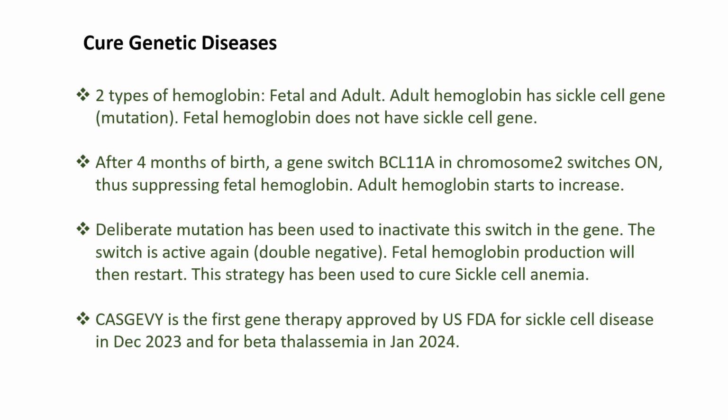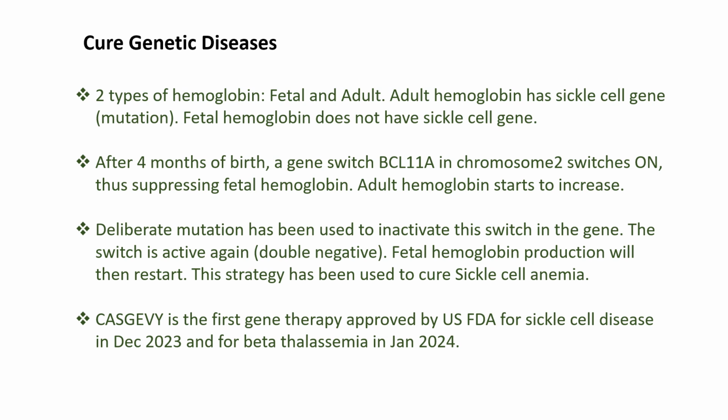There are two types of hemoglobin, fetal and adult. Only adult hemoglobin can have the sickle cell gene. Up to 4 months after birth, our hemoglobin is fetal type. Then, a gene switch in chromosome 2 called BCL11A switches on, and fetal hemoglobin production decreases while adult hemoglobin production increases.